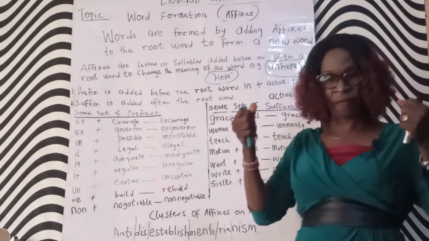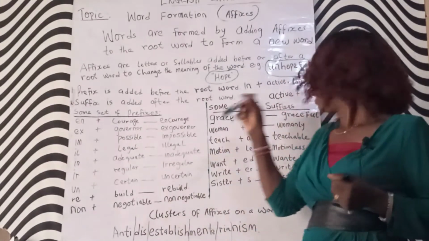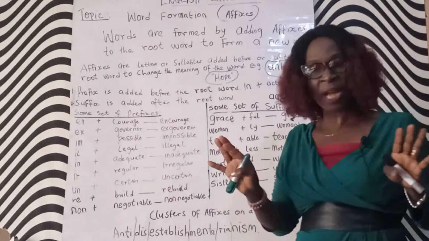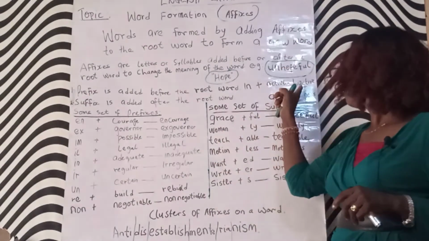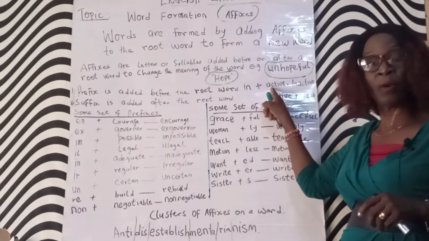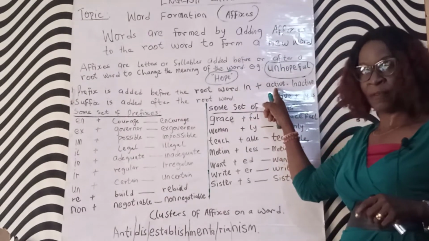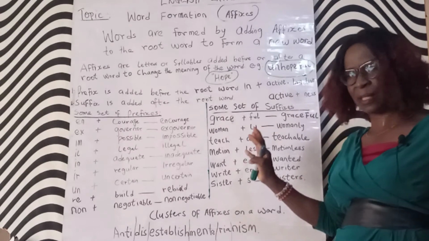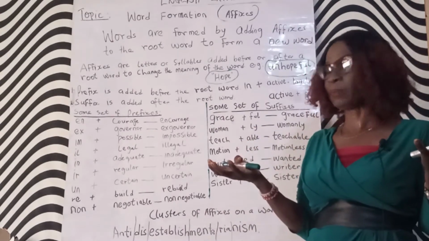Active means full of action. Inactive means no action. So adding the prefix has changed the meaning of the root word active. It has changed it to inactive, not active at all.